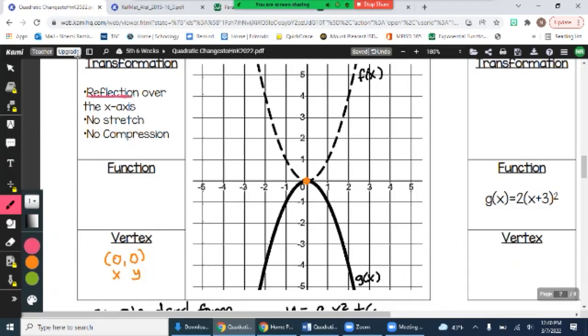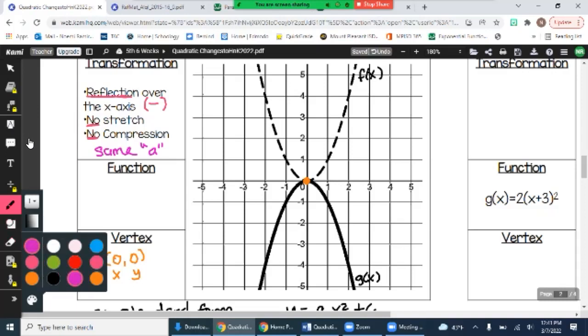What are we adding to the equation? A negative. Now we no longer actually use the word compression, but stretch and compression are both describing a. Now, if there is no stretch or no compression, that means that my value of a stayed the same. So that's all I'm going to write there, same a. My value of a did not change.